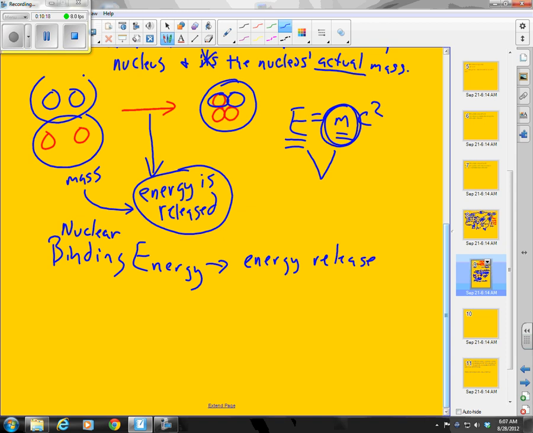Simply stated, it's the energy released when a nucleus is formed from its neutrons and protons.